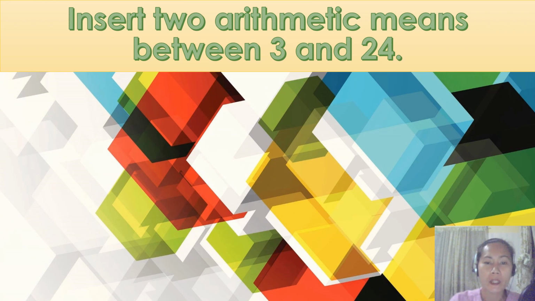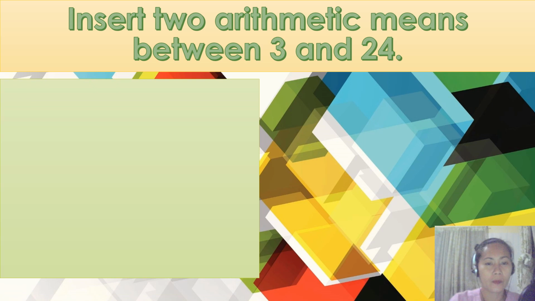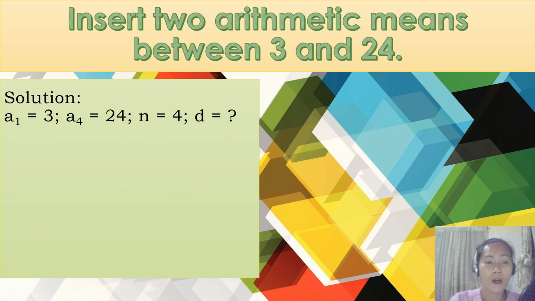Insert 2 arithmetic means between 3 and 24. Solution: first, we have to find the common difference. So we have a sub 1 equals 3, a sub 4 equals 24, and n equals 4.